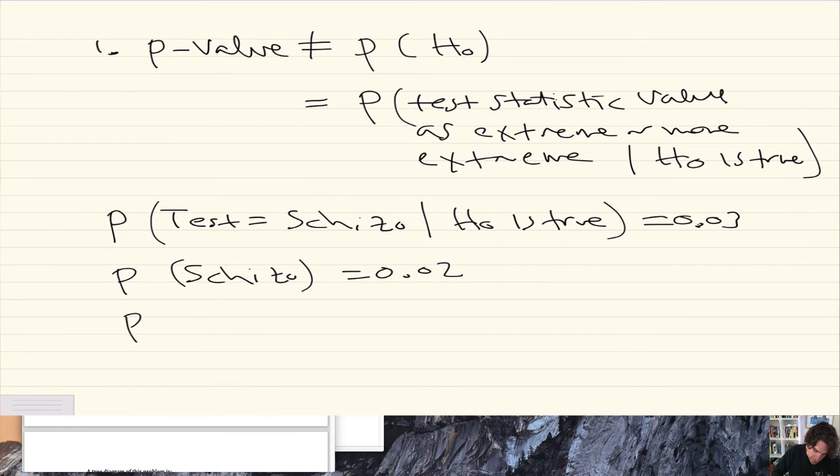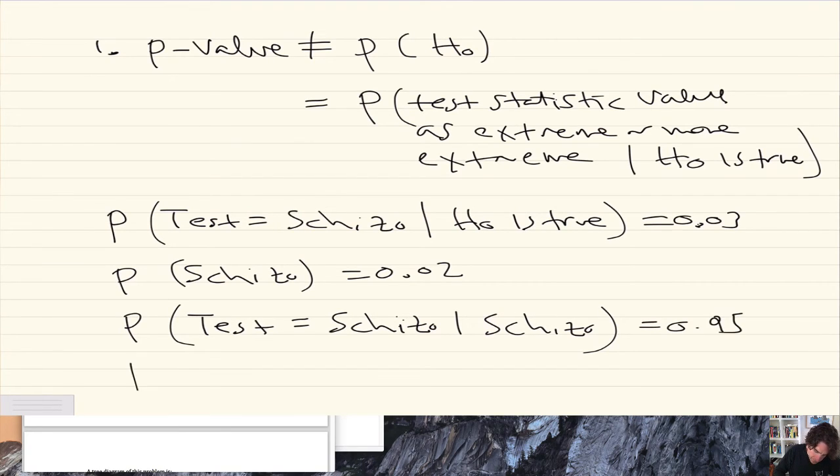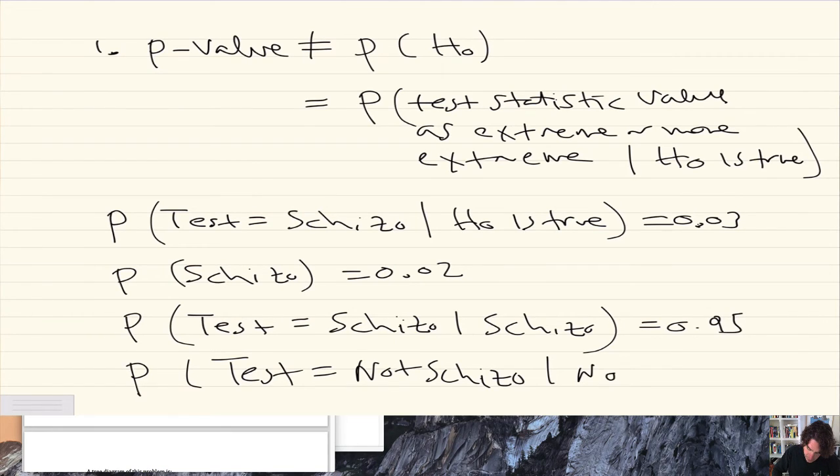And the probability that the test says that they're schizophrenic when they actually are schizophrenic is equal to 0.95, and the probability that the test says that they're not schizophrenic, and they're not schizophrenic, is equal to 0.97.